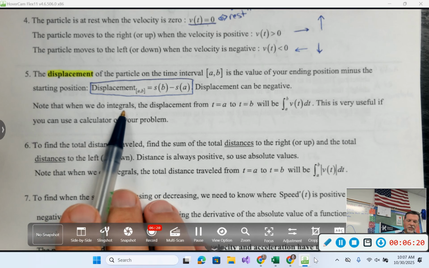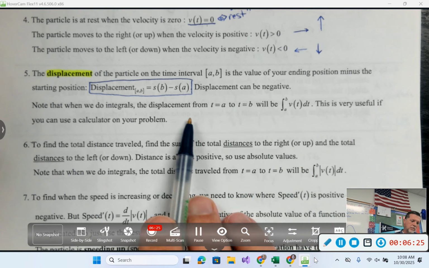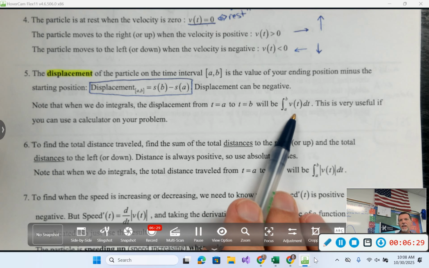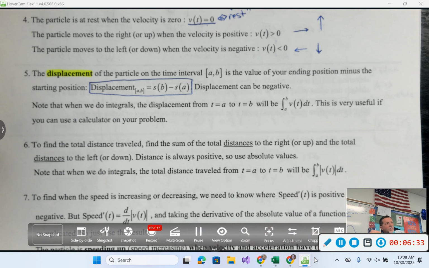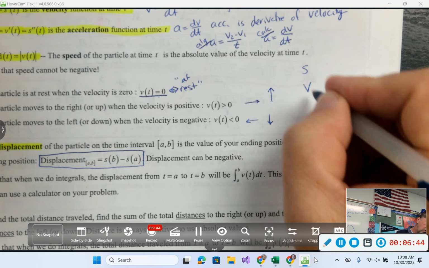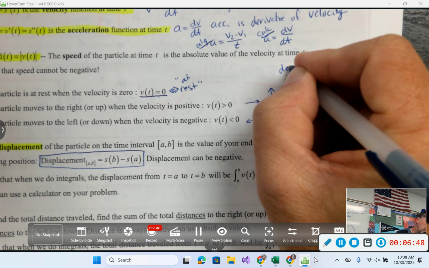When we get to integrals, we're not there yet. It's the opposite of a derivative. The displacement will be the antiderivative of velocity, which maybe makes sense. To get from position to velocity, you take a derivative. So to get from velocity to position, you take an antiderivative. You take derivatives to go that way.